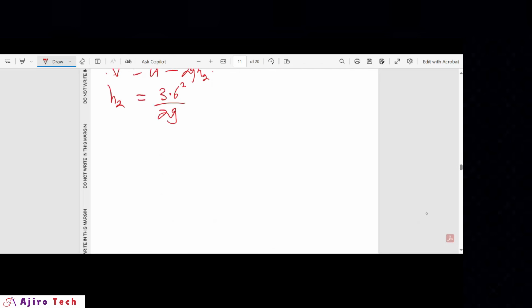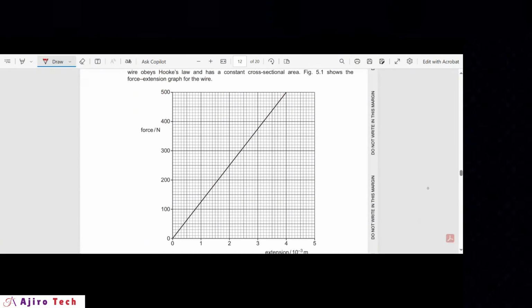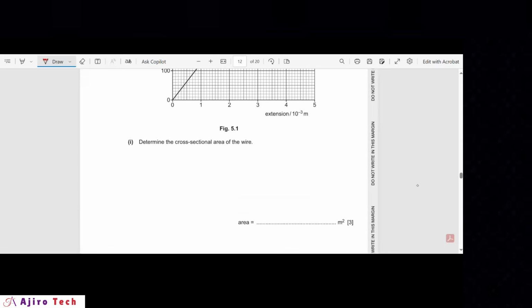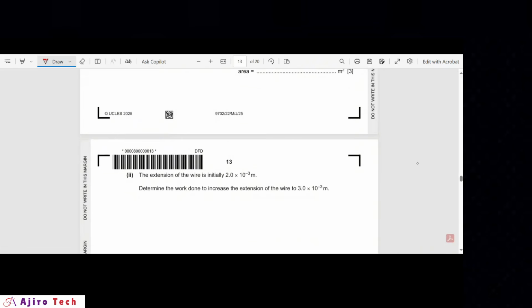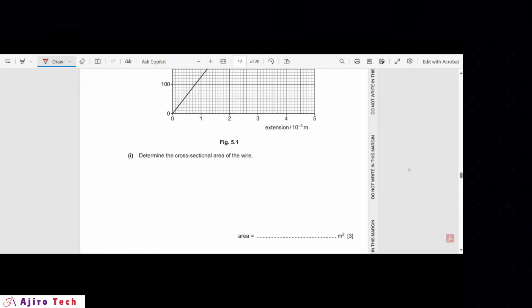Question 5. Young's modulus means stress per unit strain. We want to determine the cross-sectional area, so let's derive something here first.